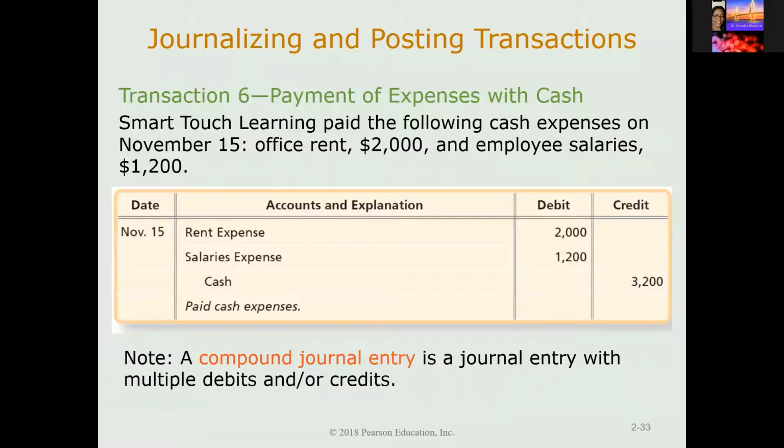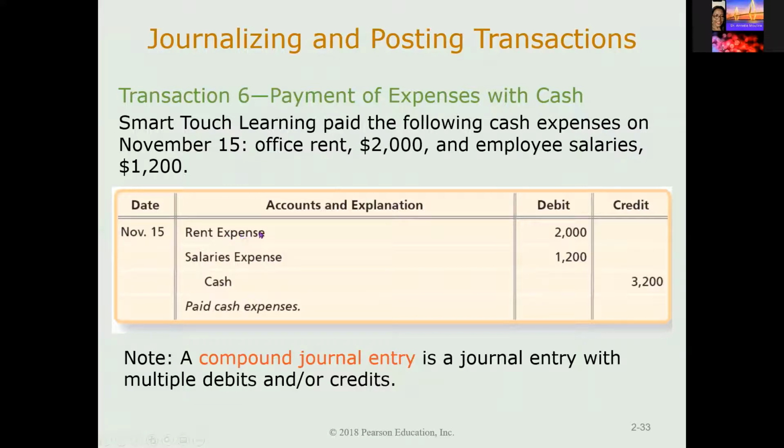In transaction 6, Smart Touch Learning paid the following cash expenses on November 15th. They paid office rent of $2,000 and employee salaries of $1,200. So there are 3 accounts. One is rent expense, salary expense, and then we have cash.